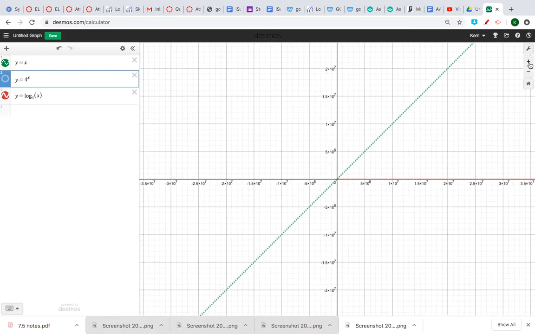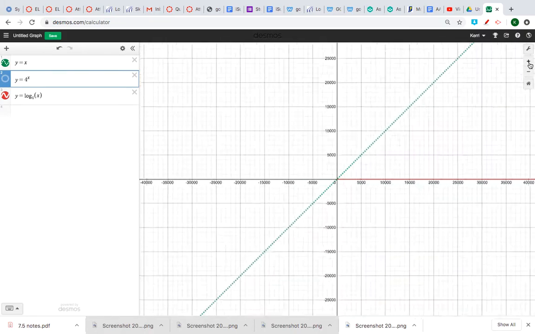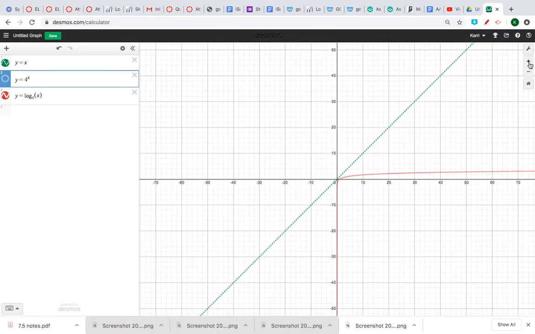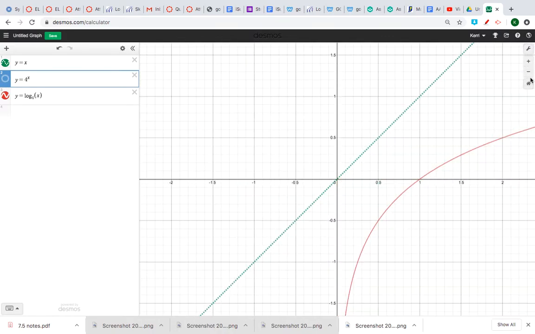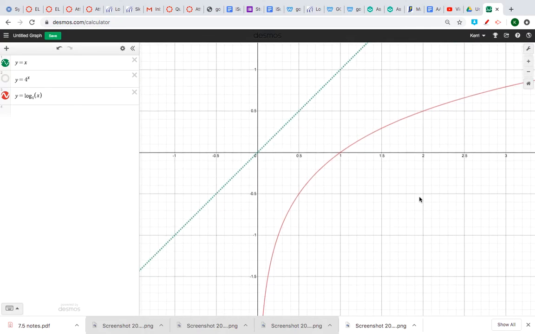It doesn't appear to be right now, but it is all y values. So all real numbers for the range, and it is approaching x equals 0 for the domain. Okay, so asymptote, range, domain.